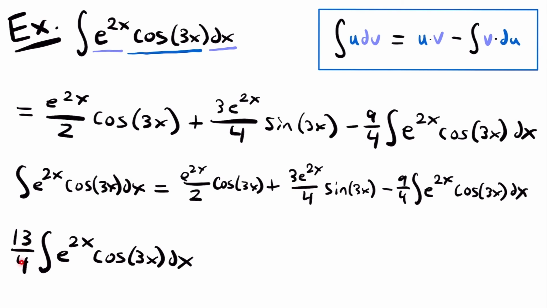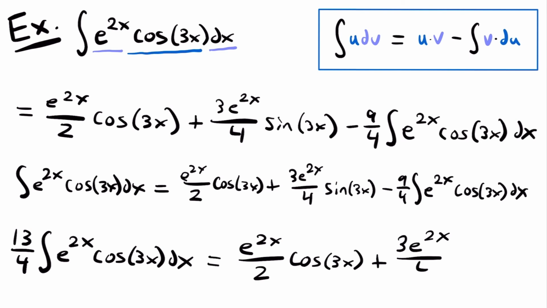Now we have 13/4 times this integral, and that will be equal to these other two terms. And so we'll have e to the power of 2x divided by 2 times cosine of 3x plus 3 times e to the power of 2x divided by 4 times sine of 3x.